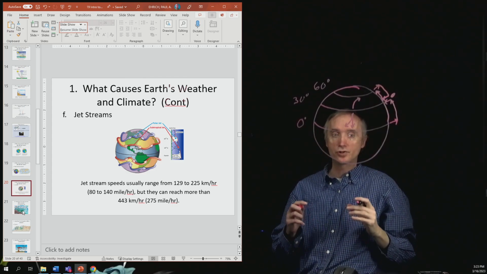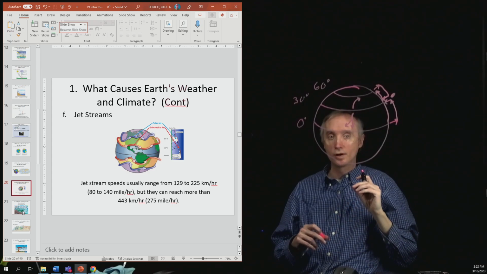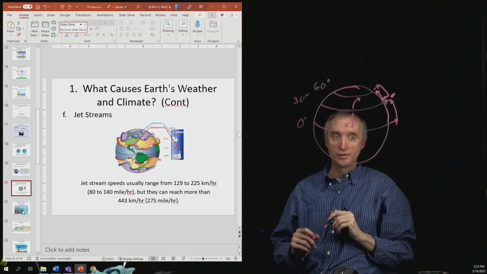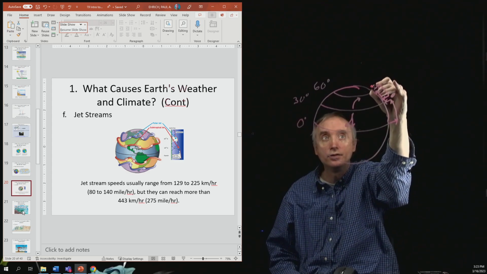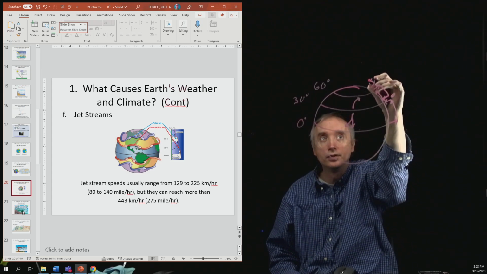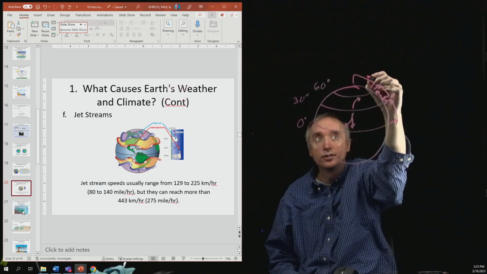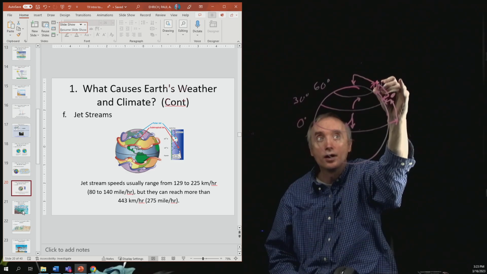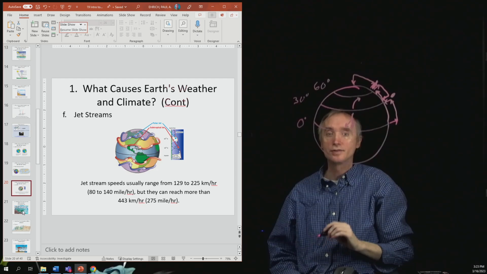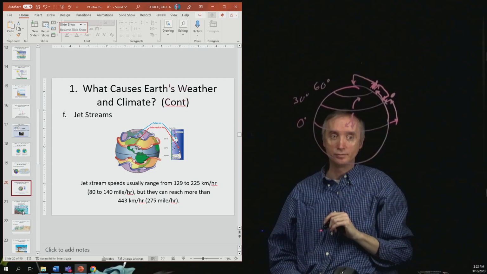Well, that's going to be very turbulent, and that's where the jet streams are. So you're going to have a jet stream located right here, and then you've got another convection cell that's up here. So it's going up and then over, and then it's coming down. And right in between those two convection cells is going to be another jet stream.